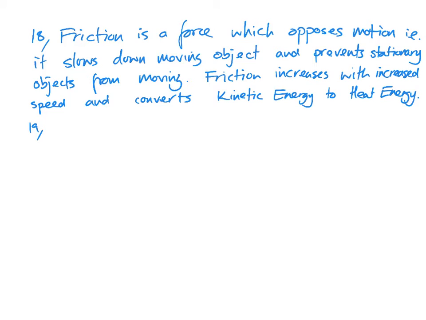Now in some cases we don't want friction if we're deliberately trying to slow down, and in other cases when we want to go faster we want to reduce friction.